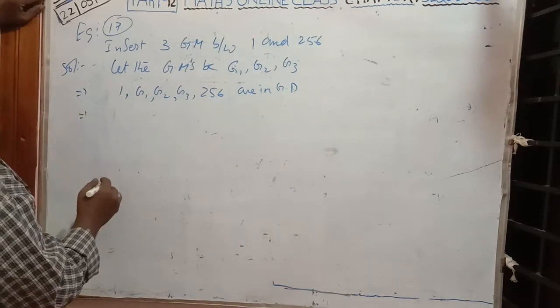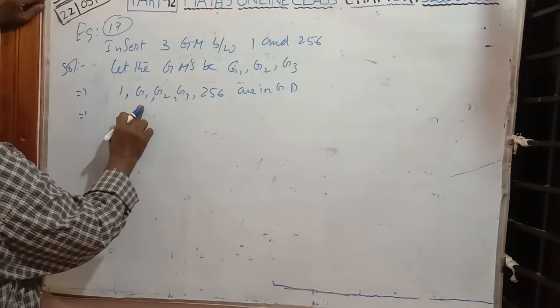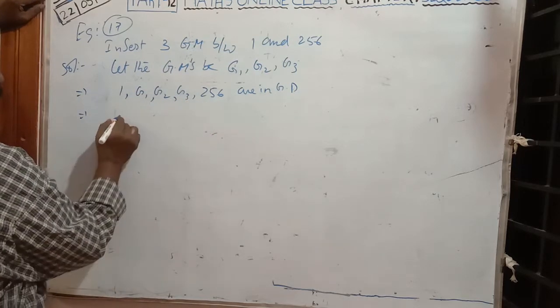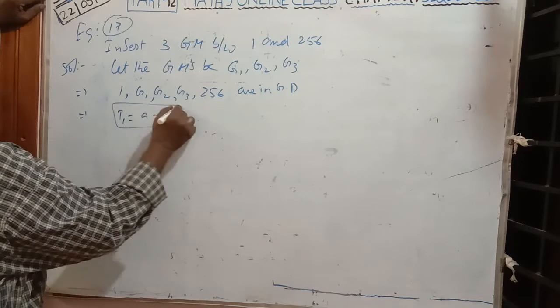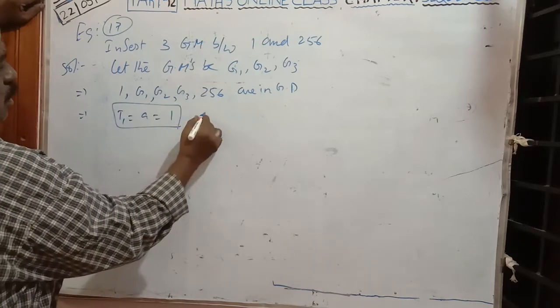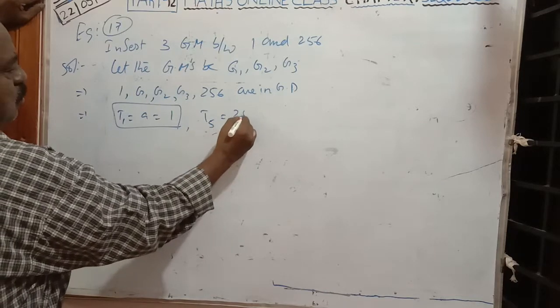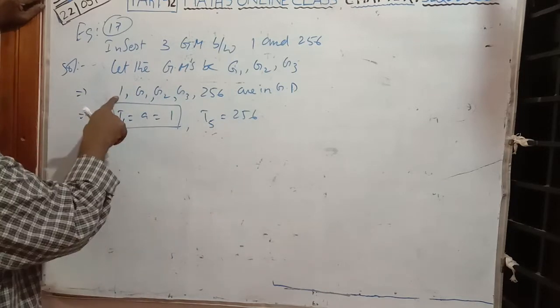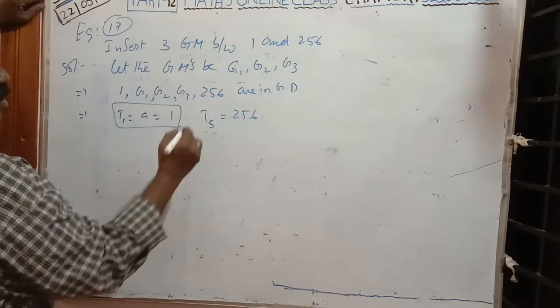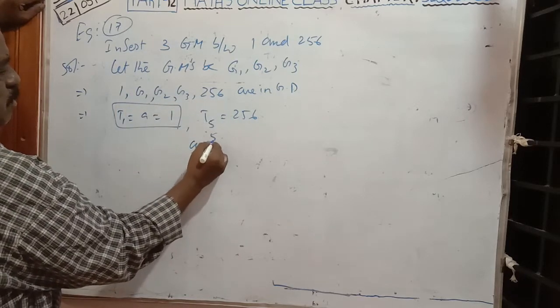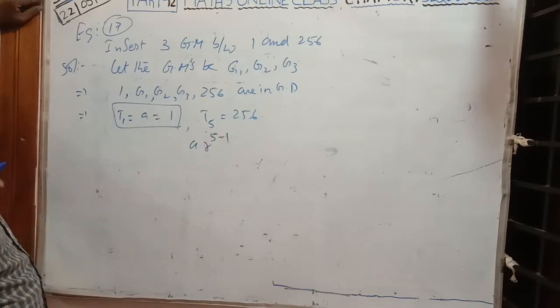Here you see, this is the first term, second, third, fourth, fifth. T1 is equal to A is equal to 1, and T5 is equal to 256. What is T5 in the GP? A r power 5 minus 1. You remember that one.